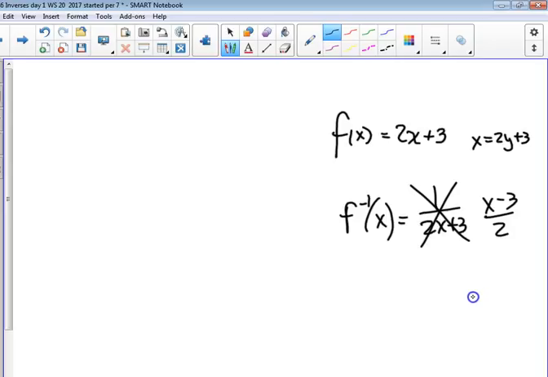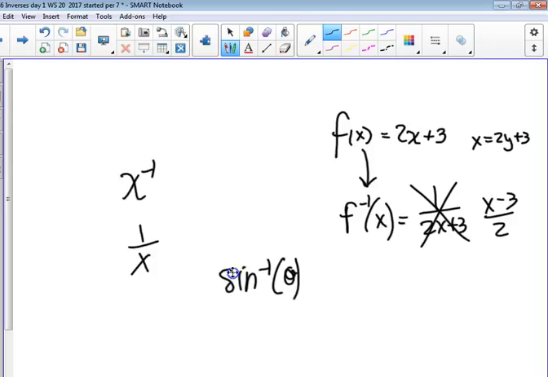You remember this now? Okay. Because with this notation, if we saw x to the -1, we'd think 1 over x. But when it's on the function like this, it doesn't mean that. In the same way, this does not mean this. This has its own definition.